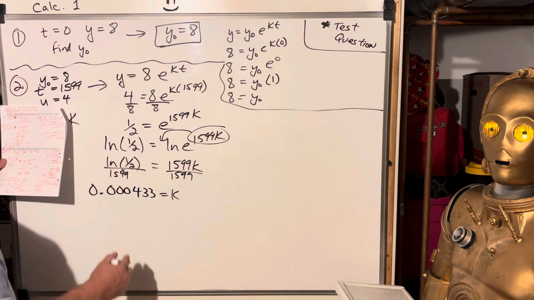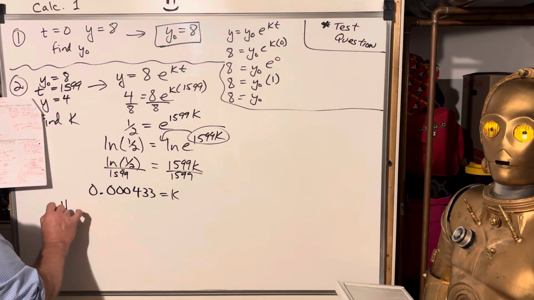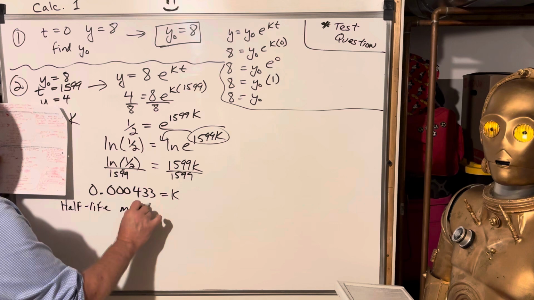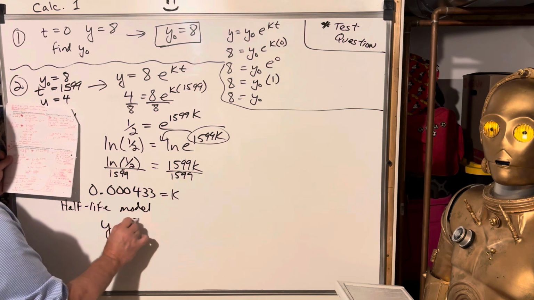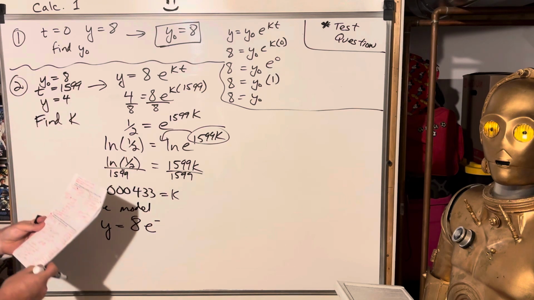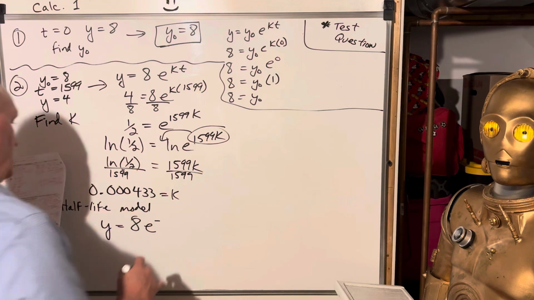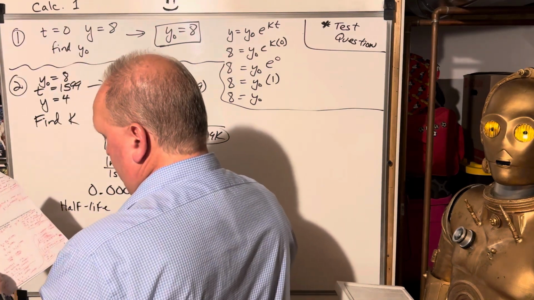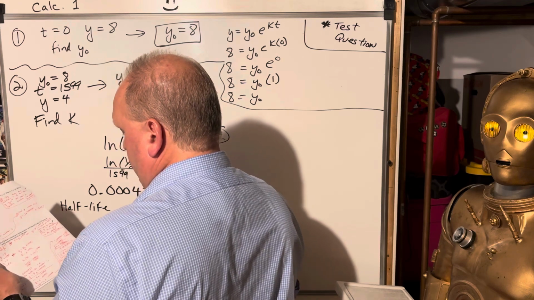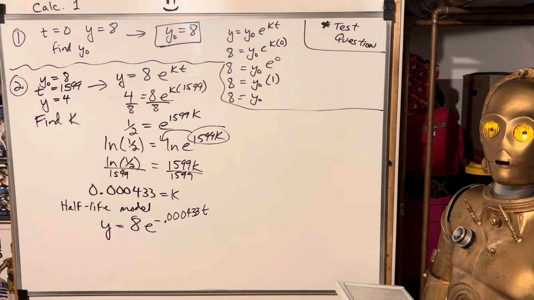So now the half-life model looks like this. Y is equal to 8 times e to the negative 0.000433 t. Oh, did I leave a negative off of there? I think I left a negative off of my answer here.